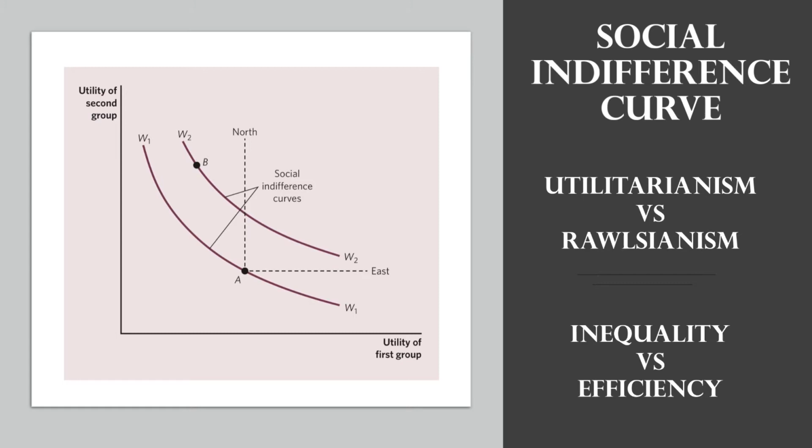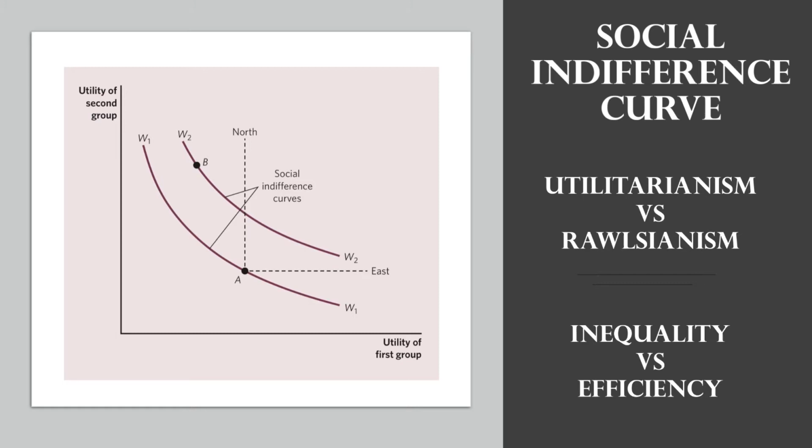But the problem is that my utility function, my indifference curve, may not necessarily coincide with another's indifference curve. Okay? And if you multiply that times 320 million in the United States, and if you multiply that times 7 billion in the world, well, you begin to see how it becomes a problem, right?